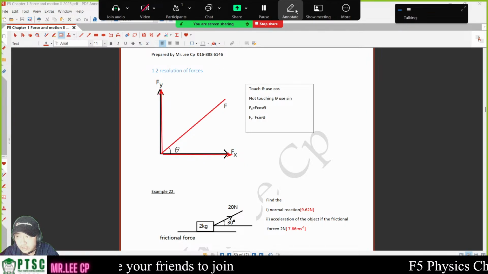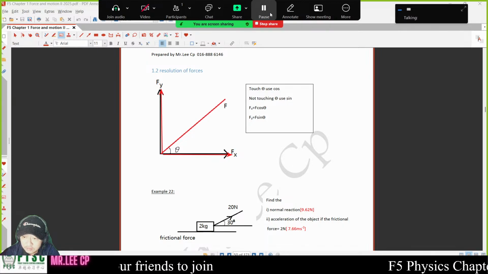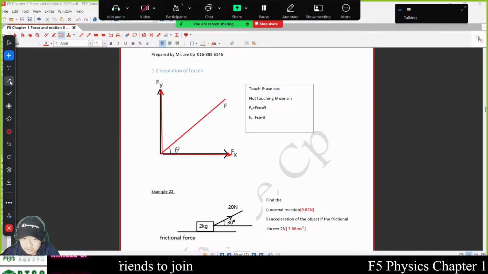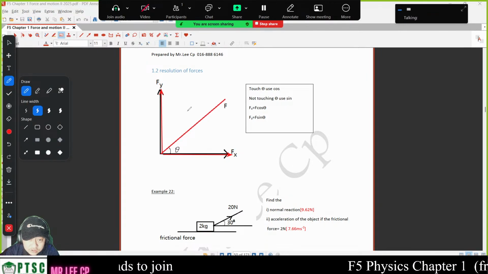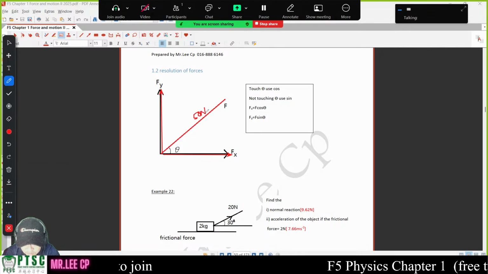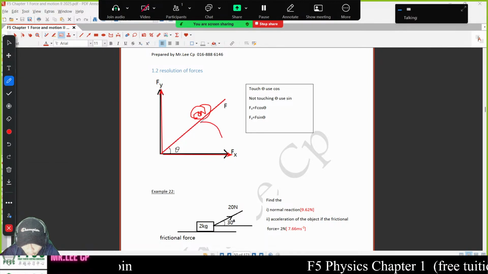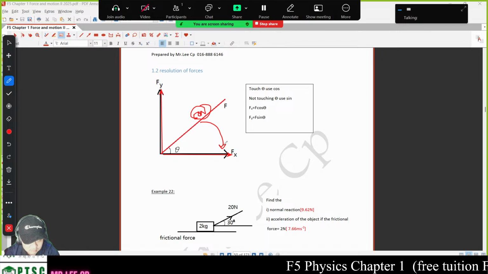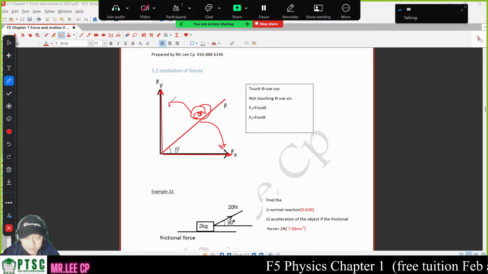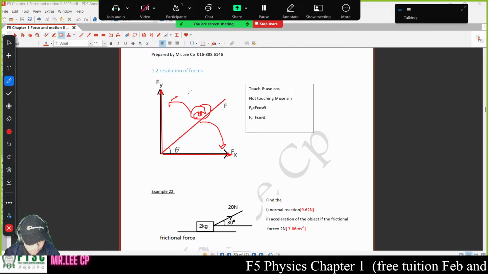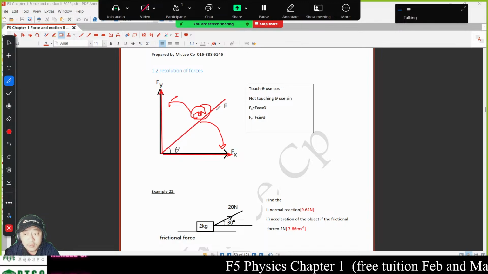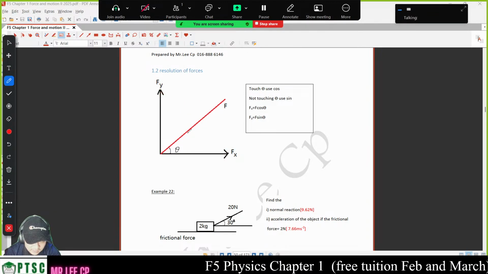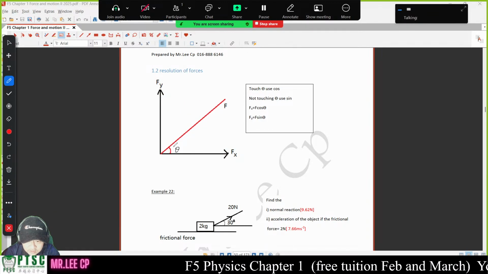For example, you have 50 Newton. How much of this 50 Newton force goes to the horizontal and how much goes to the vertical?